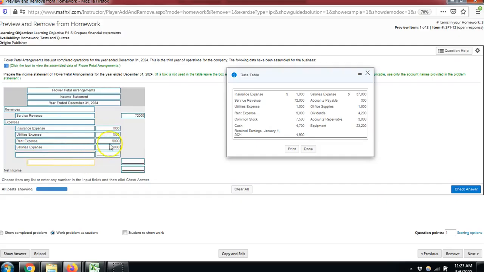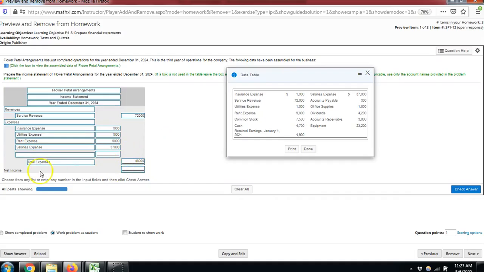So we're going to get a subtotal. This is going to be total expenses. When we add this up, 1,000 plus 1,000 plus 9,000 plus 37,000, let's just do the math real quick here. 37 plus 9, 48,000.